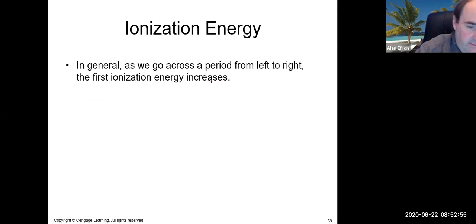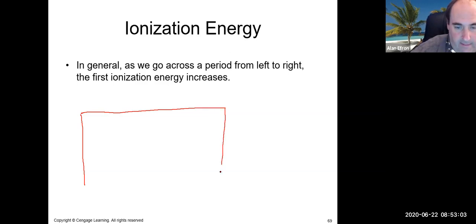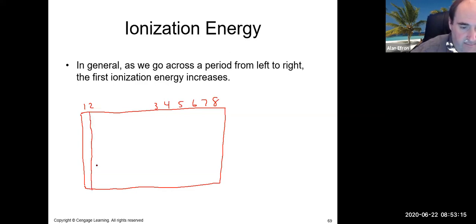So let's talk a little about that aspect of the periodic table here. We have group 1, group 2, 3, 4, 5, 6, 7, and 8. A couple of things about the periodic table will help us understand some of the things that we see here.